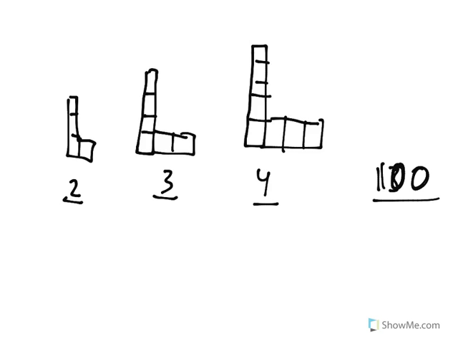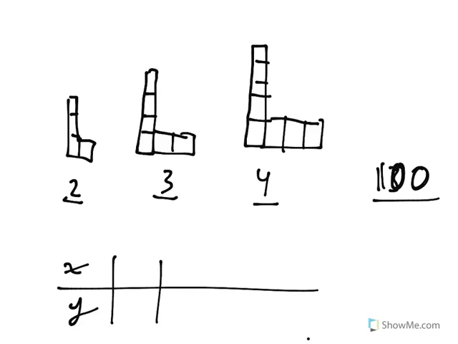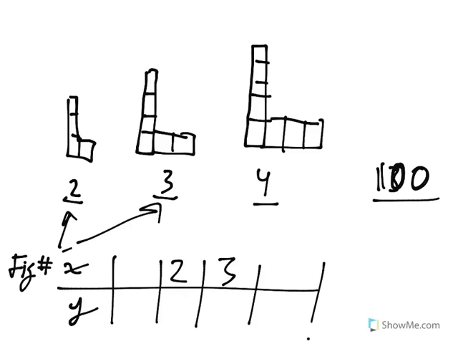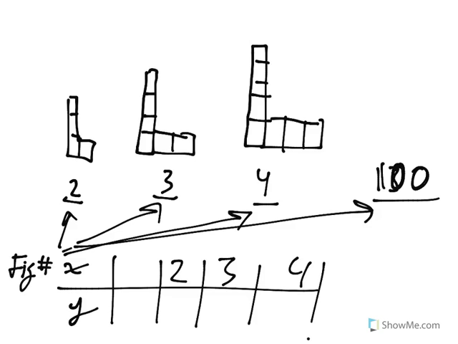And then I may even have you do an x and y table for this, with x's being the figure numbers. So for example, here's figure number 2, figure number 3, figure number 4, and there's figure number 100. And y is the number of tiles.